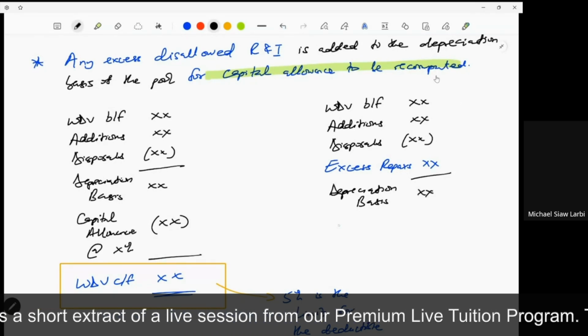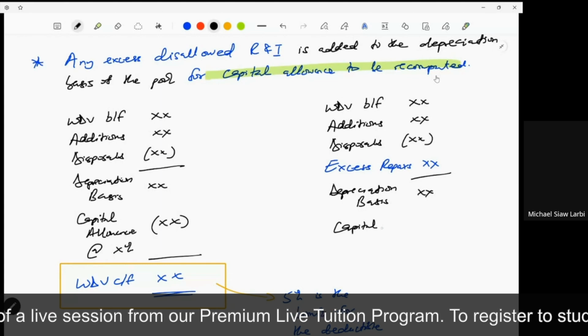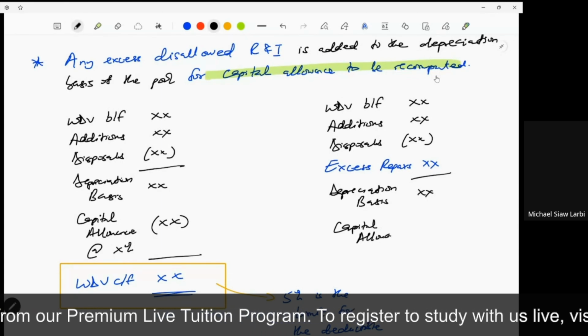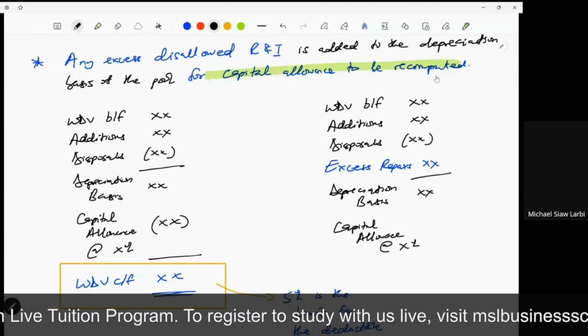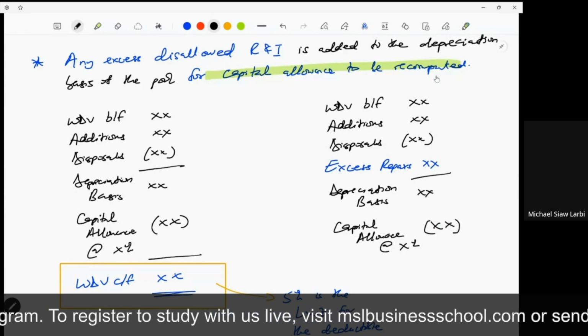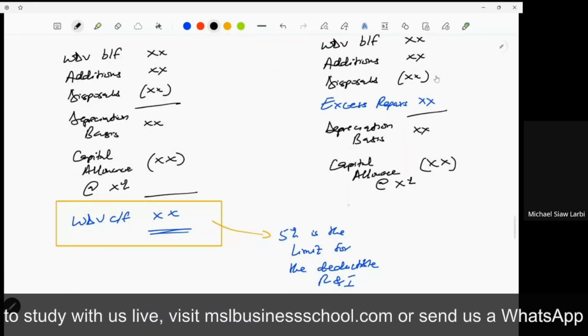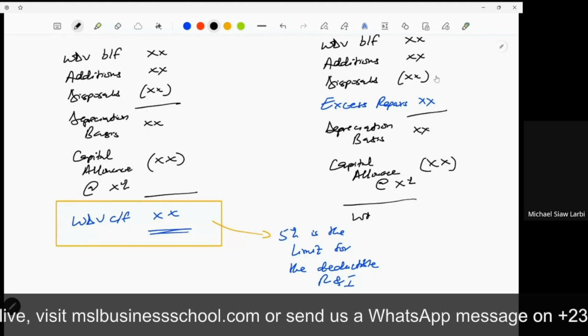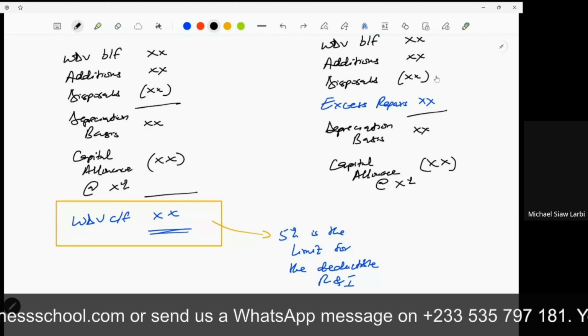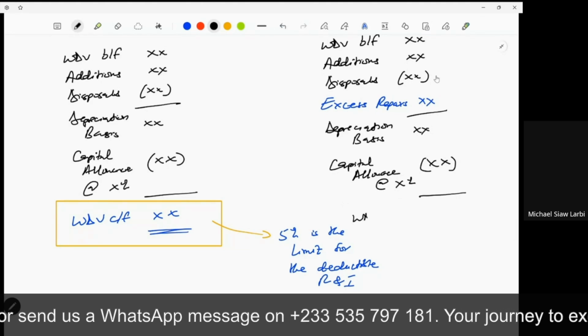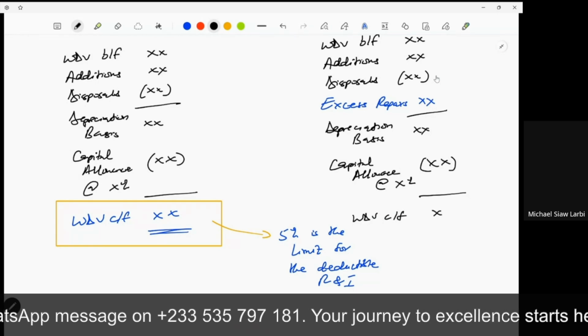Then I find my capital allowance at whatever percent. Then I get my written down value carry forward proper for the year.